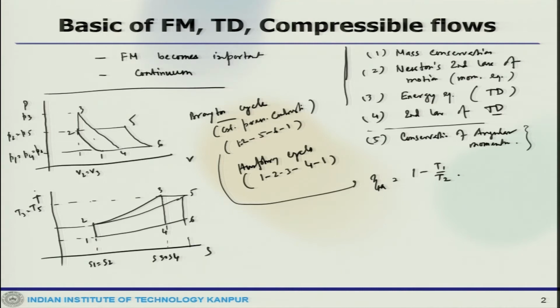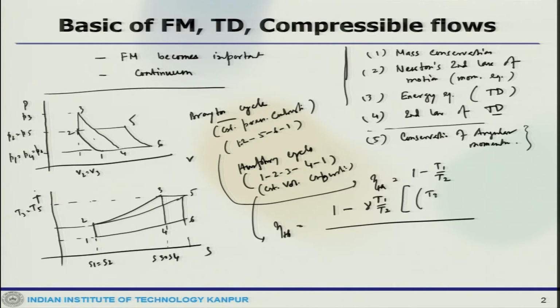The Humphrey cycle is a constant volume combustion process. So, there one can derive the thermal efficiency as 1 minus gamma, T1 by T2, times (T3 by T2) to the power 1 by gamma, minus 1, over T3 by T2 minus 1, where gamma is Cp by Cv.